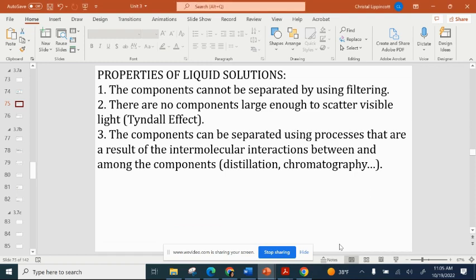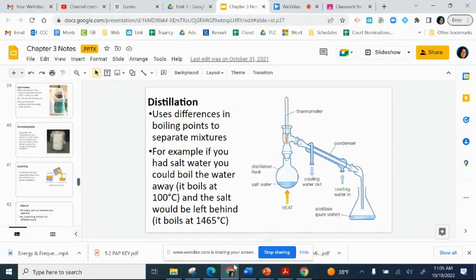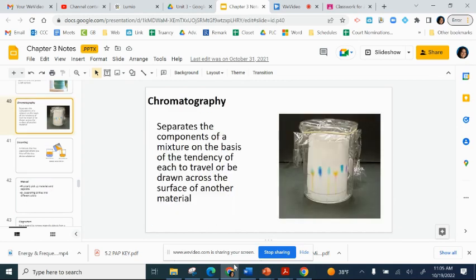Another way of doing this is chromatography. And if I have enough time today, I'm hopefully going to be able to get to that discussion. Okay. And then chromatography, you guys have probably seen that before. It looks like this.